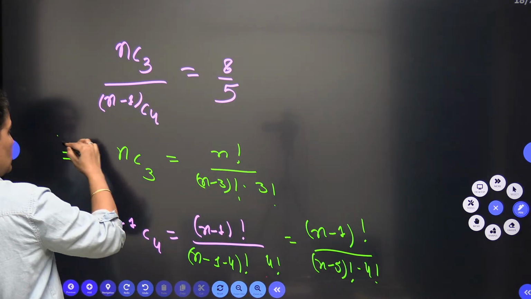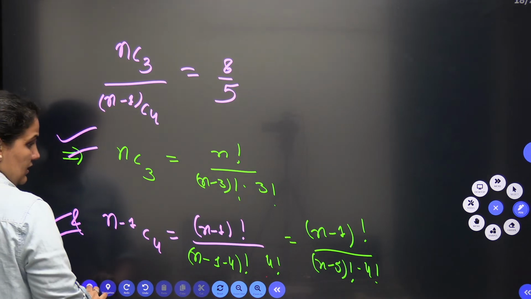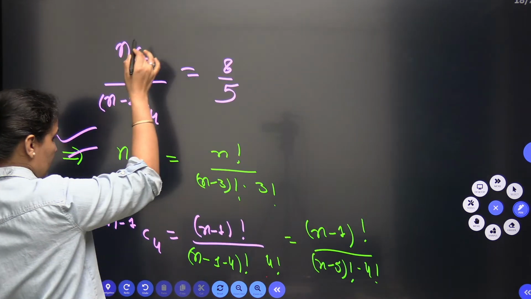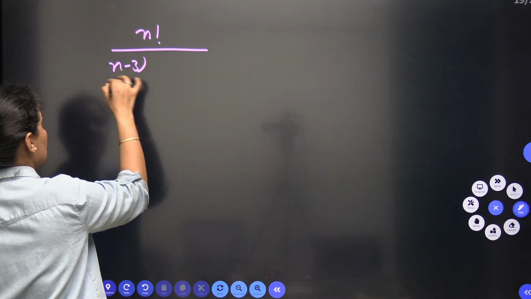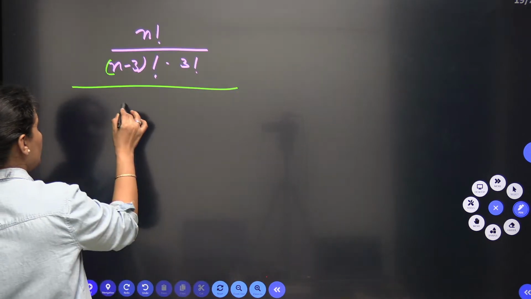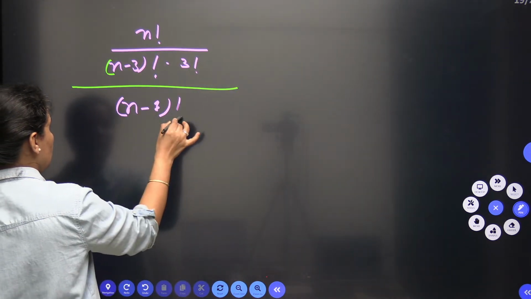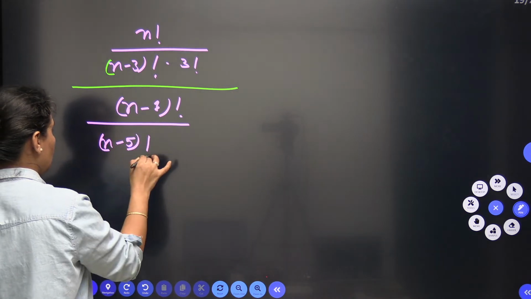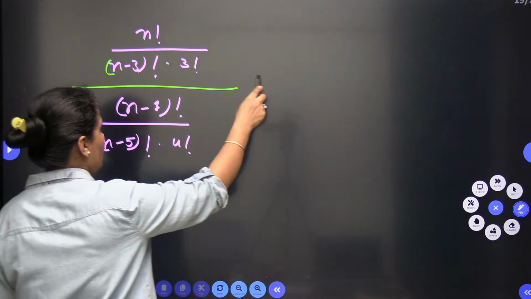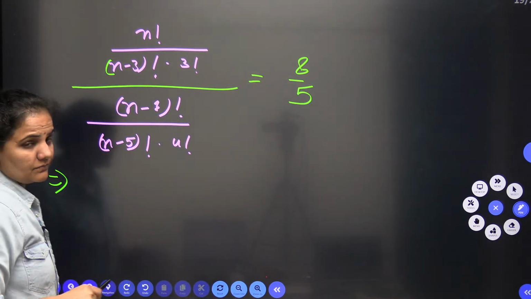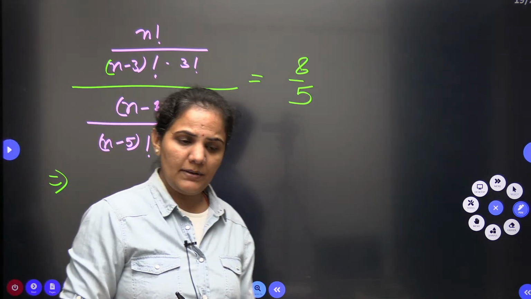Now let's use the given ratio. So it becomes n factorial by (n minus 3) factorial multiplied by 3 factorial, divided by (n minus 1) factorial by (n minus 5) factorial multiplied by 4 factorial, which is equal to 8 by 5. Okay. Now let's go for the simplification.